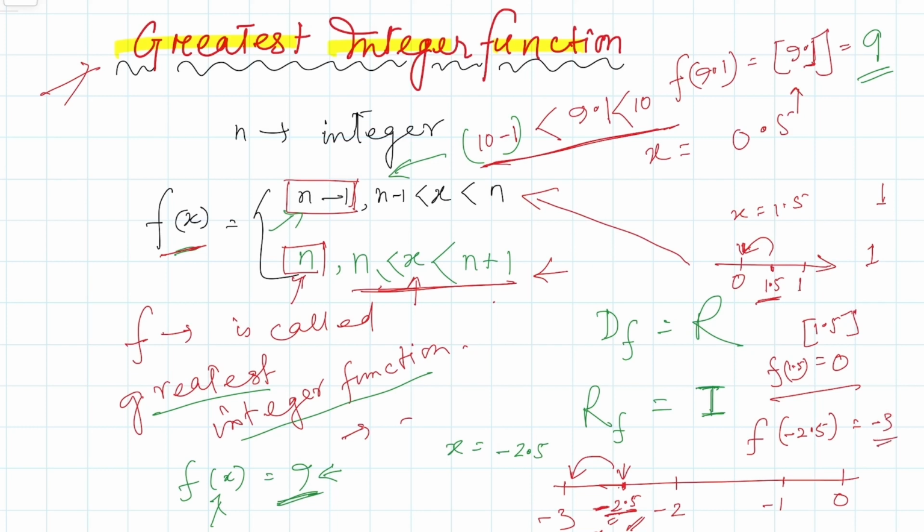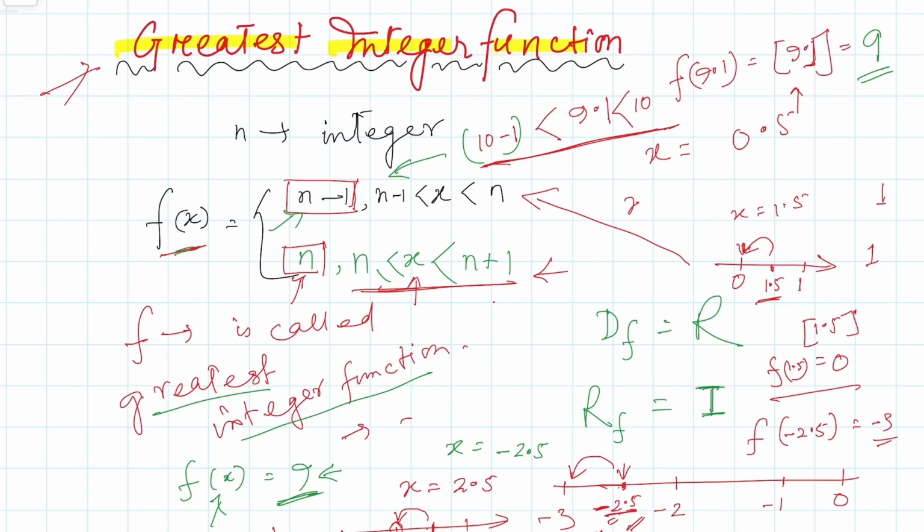Suppose x is equal to plus 2.5. Let me draw the number line again. This is 0, this is 1, this is 2, and this is 3. So 2.5 is here. Then you have to take the greatest integer on the left side of this number.